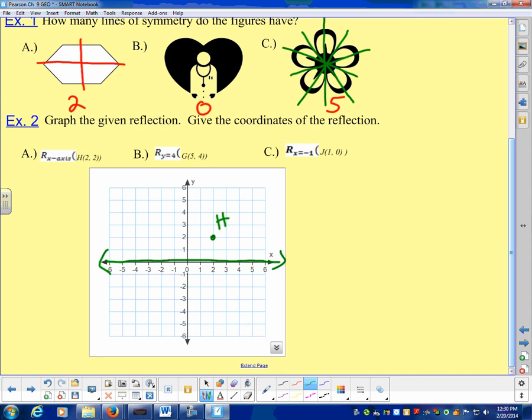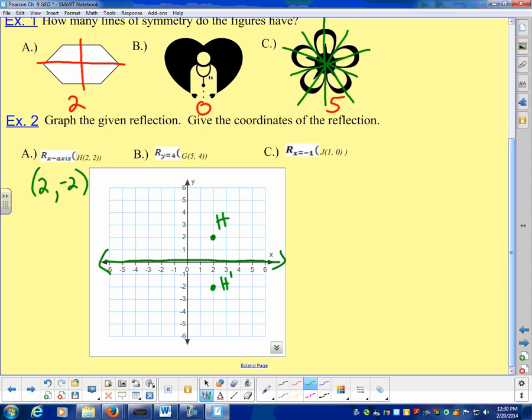If it's not on the line, it's got to be the same distance from the line on this side as it is on the other side. So we're going to go 1, 2 here, and then 1, 2 down here, and here's my H prime. So that is reflecting over the x-axis. It's 2 units away from the green line here and 2 units away here. So we are at the coordinate 2, -2. The reflection in the x-axis of point H will be 2, -2.